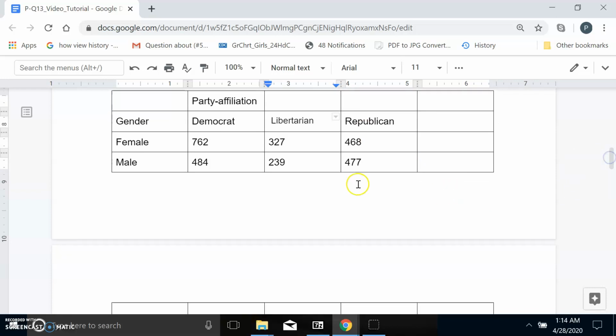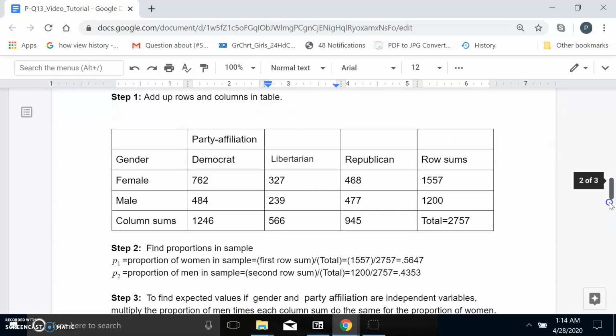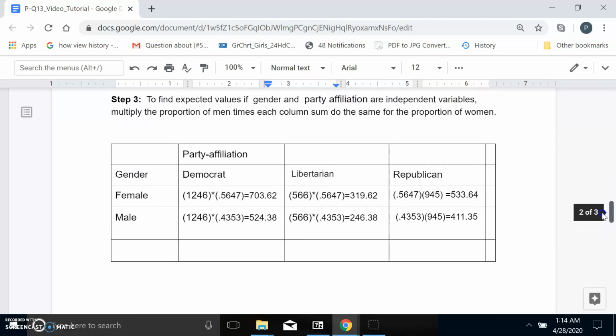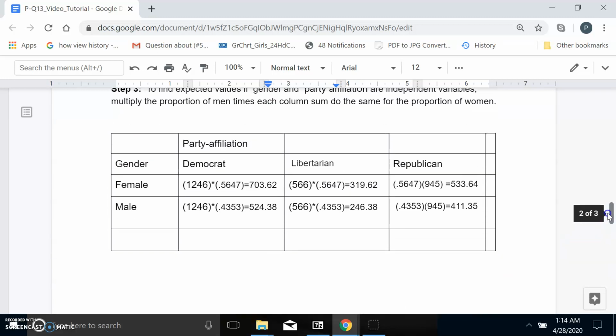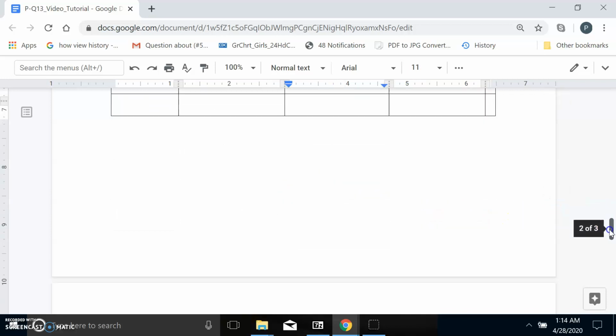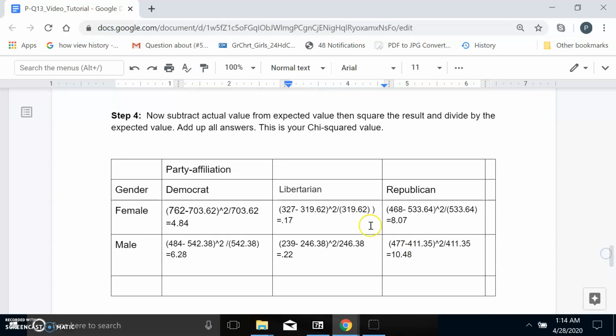Okay, so the Libertarian is 327. That's how I got the 327 there. And the 319 was the expected value. That's how I got that one. So I just did the same thing for the other 4 here. So we're out of time in this video, so we'll pick up in part 2 where we left off here.